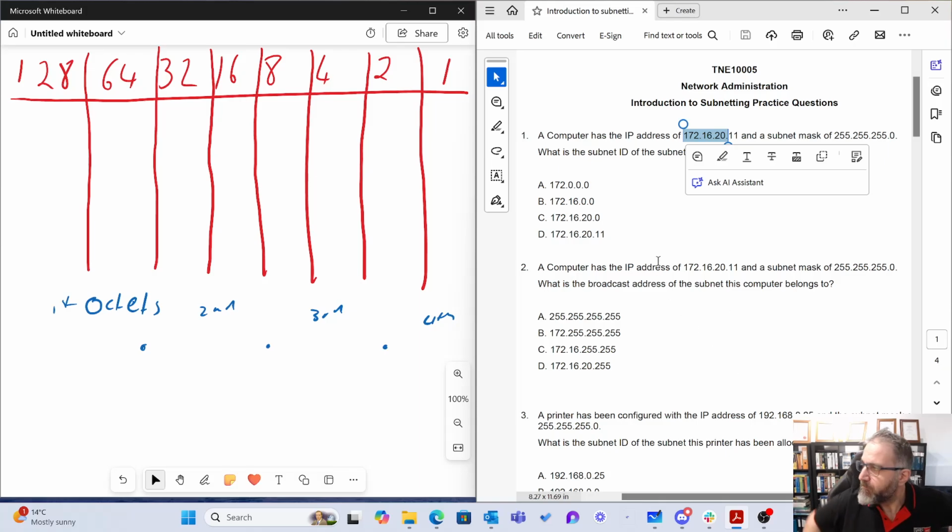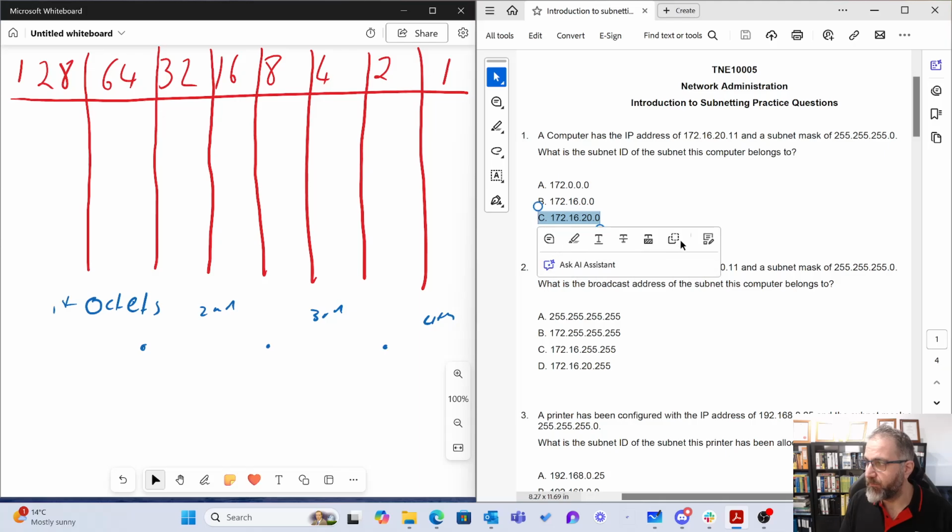I don't have to do any maths or write anything on my map here. I know that is going to be the subnet mask. The answer will be C for that one. But really, I don't need to be a genius on that one.